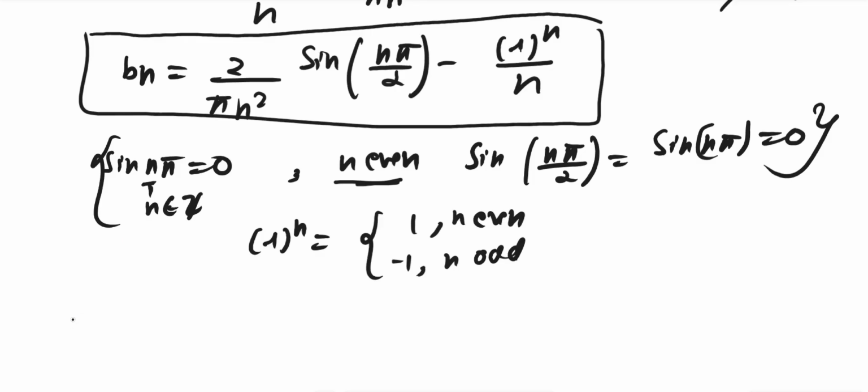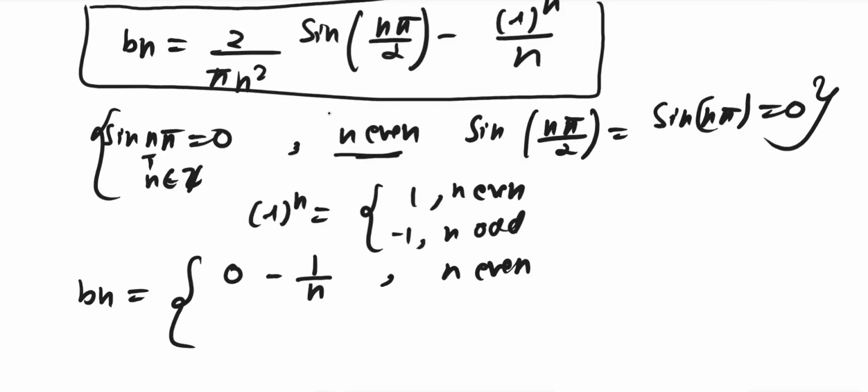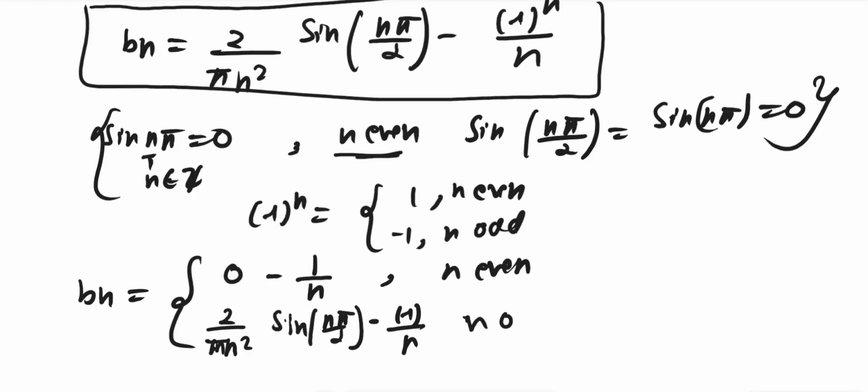So using all this we can write bn. bn is equal to, in two forms, this whole part will be 0 for n even, and for n even this part will be plus 1, then it is 1 upon n when n is even. And when n is odd, this will remain as it is, that is 2 upon pi n square multiplied by sine n pi by 2 minus minus 1 divided by n when n is odd.